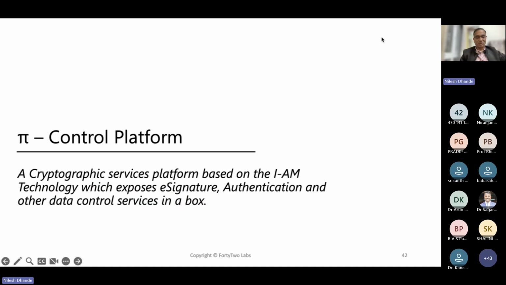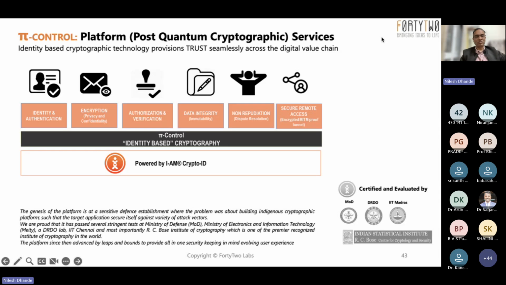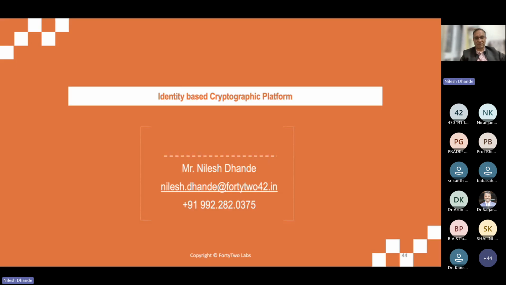And then using this identity, let us talk about the cryptography which we spoke about: identity and authentication, encryption, verification, data integrity, non-repudiation. Of course, we have not spoken about the last part of it. That is where we have built a platform called the Pi control platform, which is based on post-quantum cryptography. These are our own inventions, for which we have secured patents in India as well as the US. I'm not going to spend a lot of time on this today, and if there is interest, you can always reach out to me.